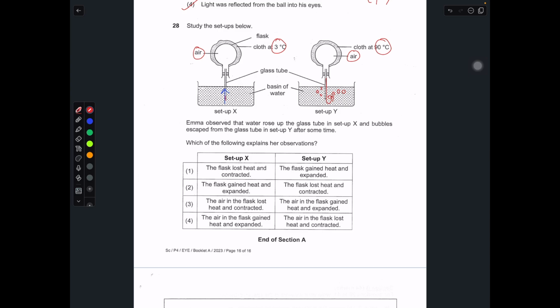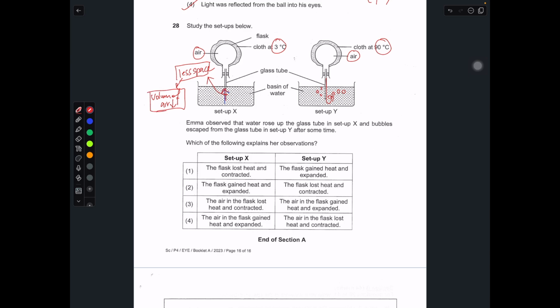When the water level gone up, it means the air inside occupy less space, but the volume of air is still the same. Occupy less space. So how come the occupy less space means the volume of air decreases?